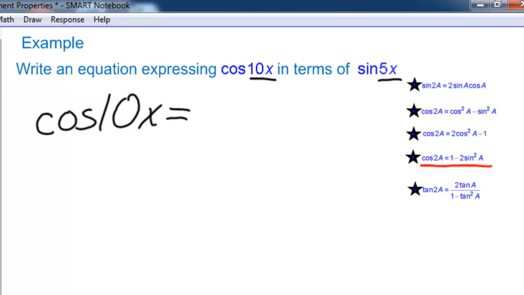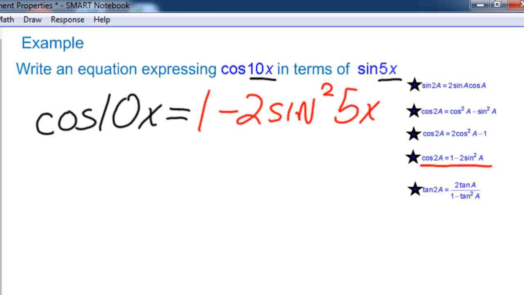So the cosine of 10x is going to be equal to 1 minus 2 times the sine squared of 5x. I've written the cosine of 10x with a new expression that only has constants and the sine of 5x as the trig function.